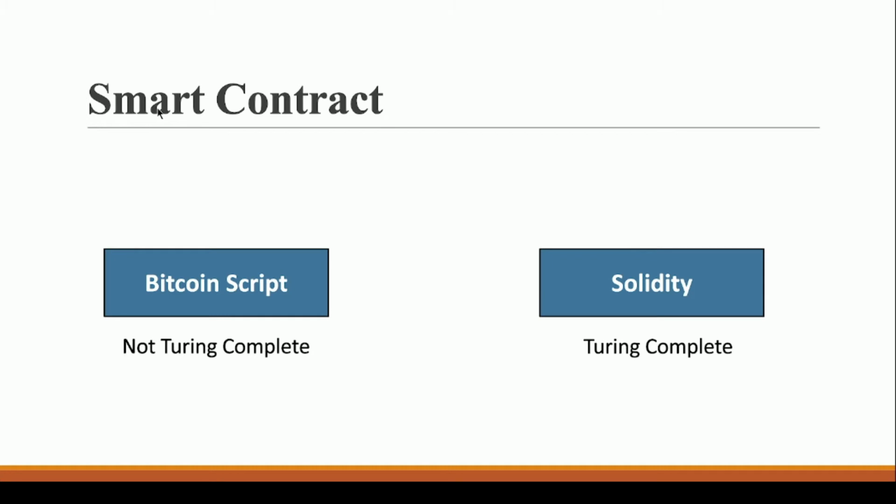Turing complete means that you can code any form of logic that you can think of. Whatever you can think, you can code in Solidity. In Bitcoin script, that's not the case. You cannot write all the programs that you can think of, and the reason is that Bitcoin script does not support loops, while Solidity supports loops.